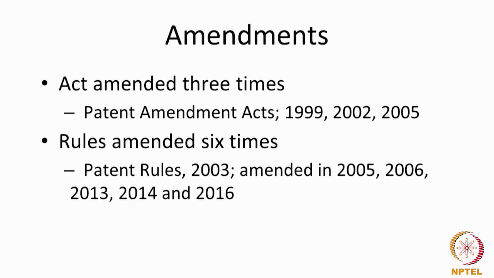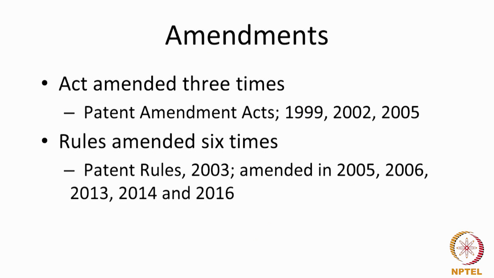Importantly, after 2005 there has been a series of amendments. We had an amendment of the rules in 2006, we had an amendment in 2013, and again in 2014 and in 2016.